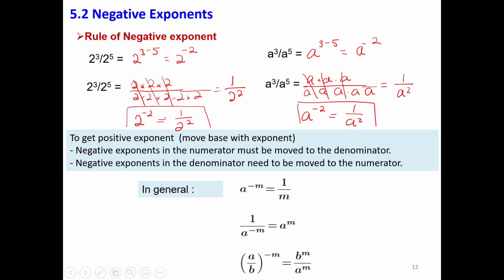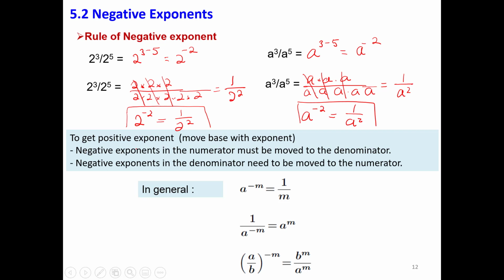if we have a negative exponent and we want to get a positive exponent, we need to move the base with the exponent.